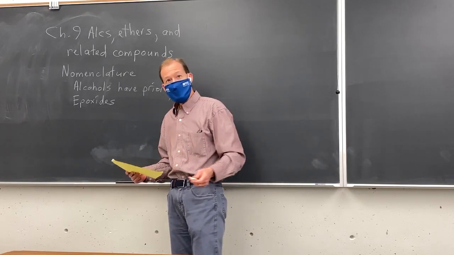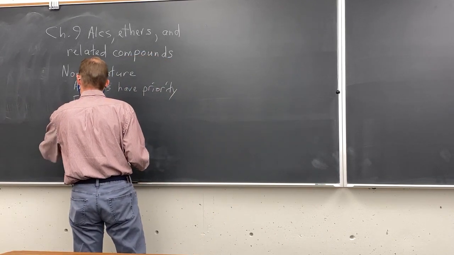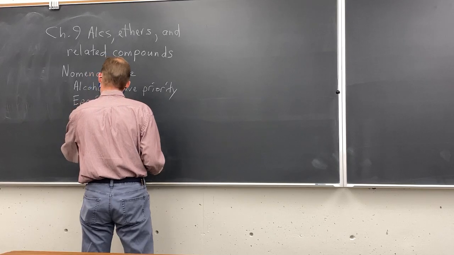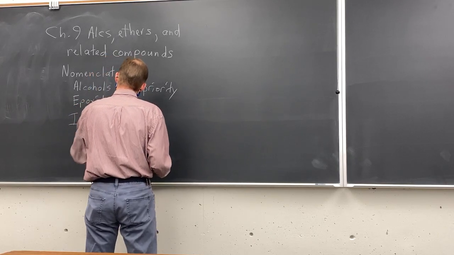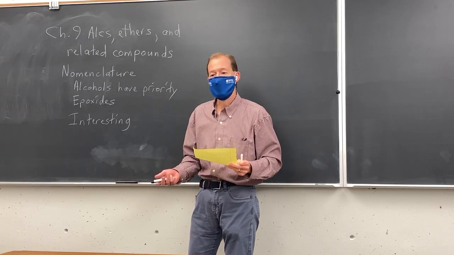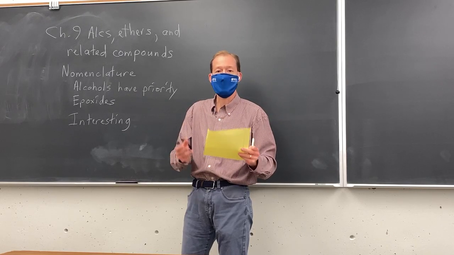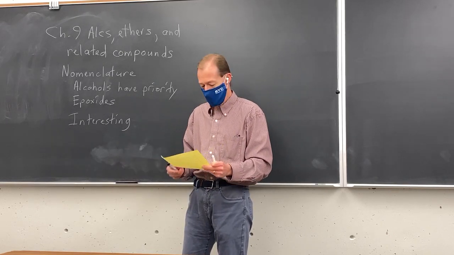Then we went on and talked about interesting alcohols, ethers, and epoxides. And whenever we do this, for exam purposes, you want to focus on the compounds where we discuss their structure and their function, and we connect the 2.